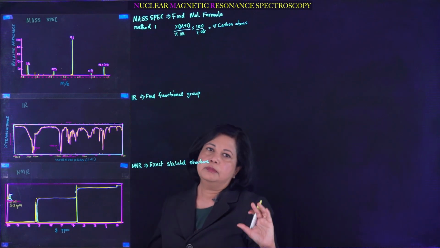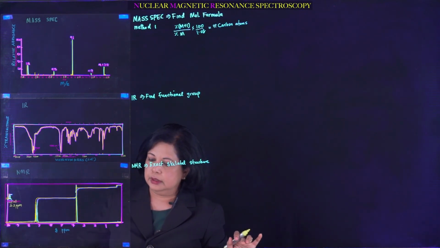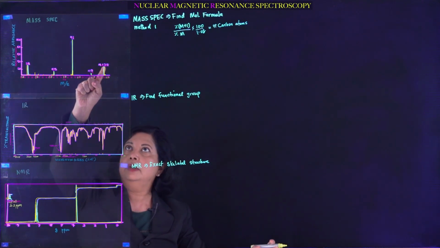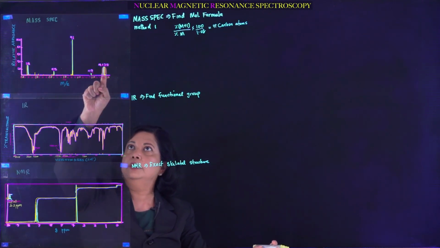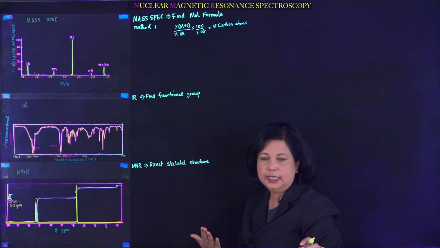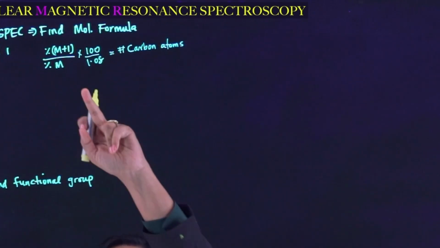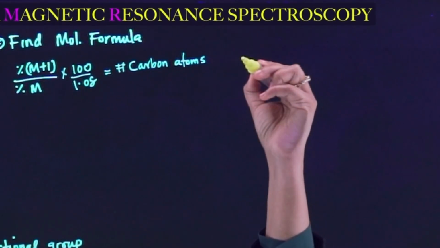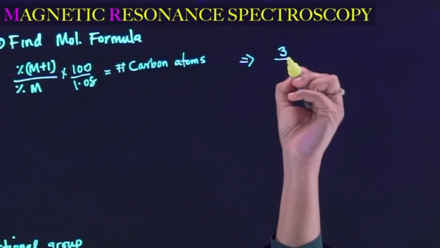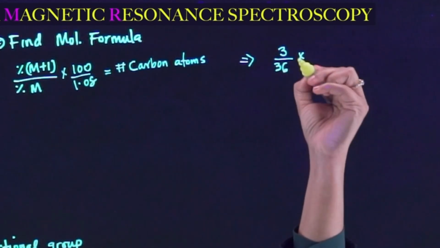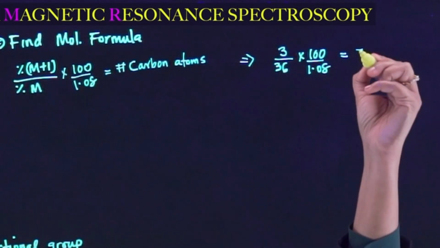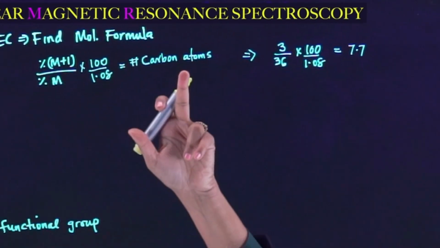So the machine, the printer would typically spit out the numbers here. It's kind of hard to do it on the screen, but if you take the printout, you could find the percentages. So this is going to be 3 over 36 approximately times 100 over 1.08. It's about 7.7. So this is the number of carbon atoms.